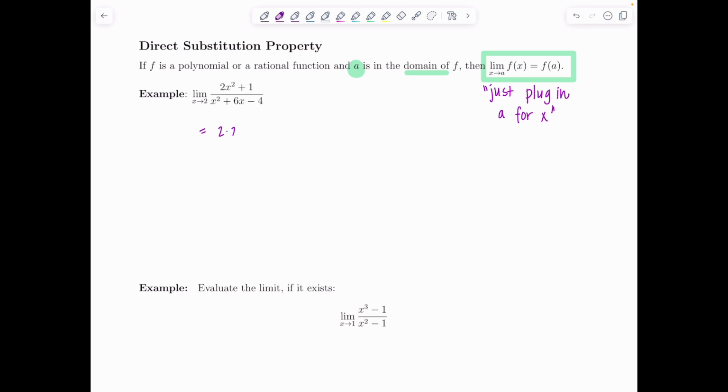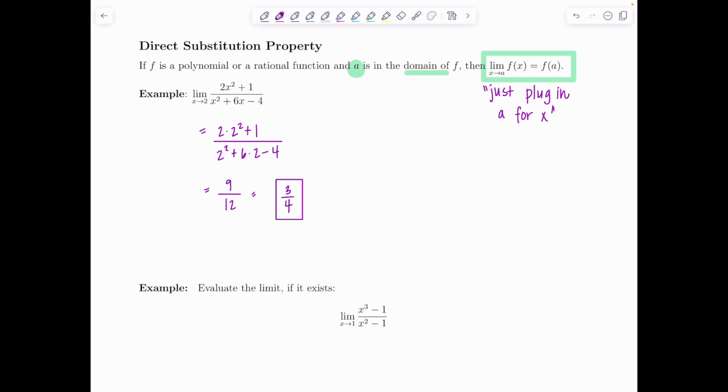So this is 2 times 2 squared plus 1 over 2 squared plus 6 times 2 minus 4. So in the numerator, 2 times 2 squared plus 1, that's going to give me 9. Over 4 plus 12 minus 4, that's 12. So that's going to simplify to 3/4, and we're done. That's our limit. Pretty straightforward, right?